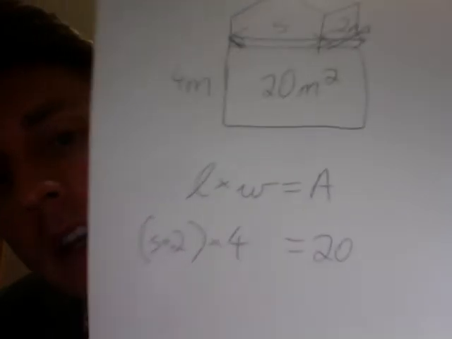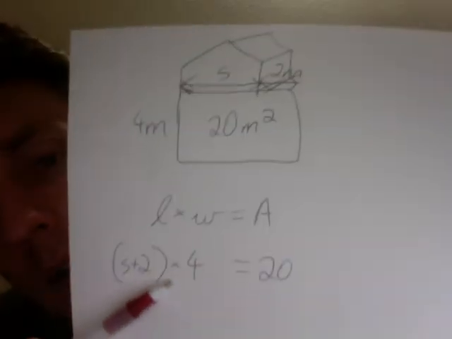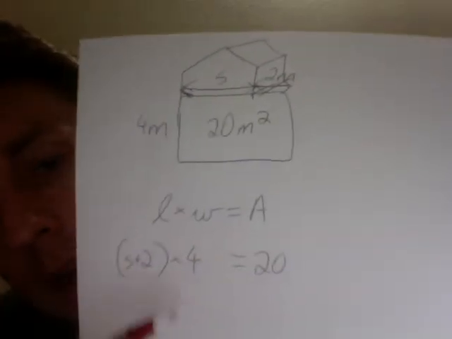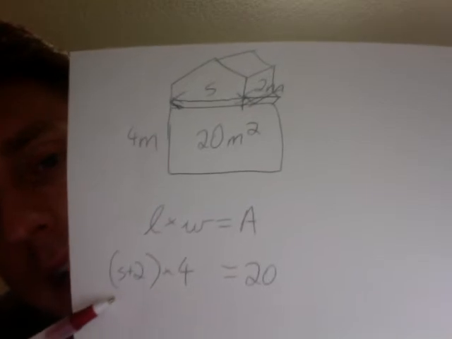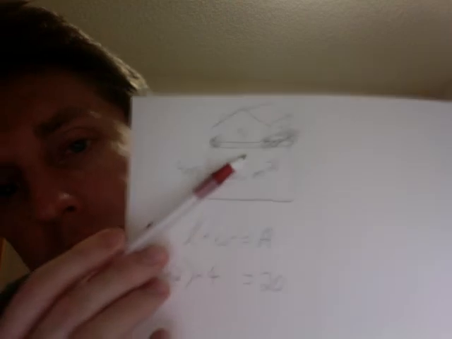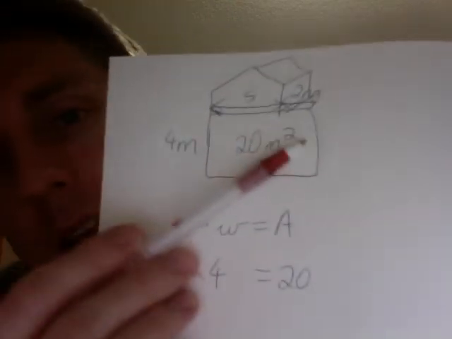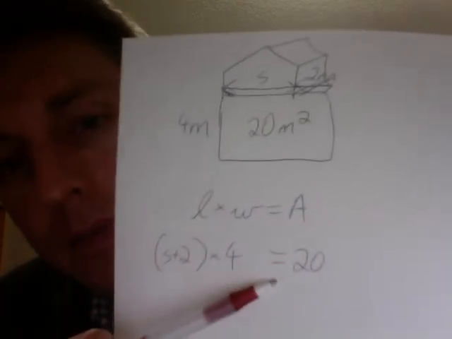Okay, so the width is 4, so times 4. The shed plus the extra 2 meters equals this side. So these two sides multiplied equal the area. And how you'll see this written is you'll see that the 4 is put before these brackets. So it'll say 4 times (s plus 2) equals 20.